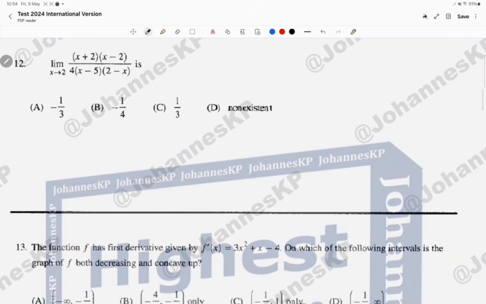12. Here, what I would recommend you do is that you expand the brackets. So let's expand. So x squared minus 2x plus 2x minus 4 over. Expand this bracket, so 2x minus x squared minus 10 plus 5x.